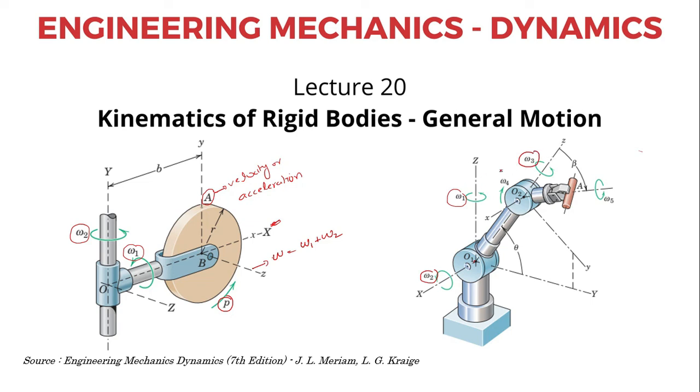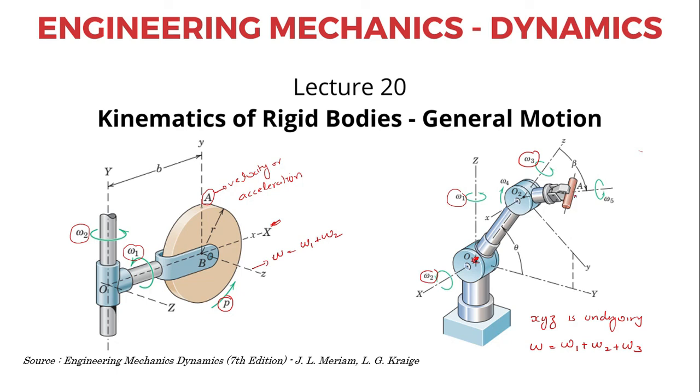All of these three are passing through the same point here. So as such I can say the moving reference frame small xyz is undergoing an instantaneous angular velocity given by omega equals omega 1 plus omega 2 plus omega 3.